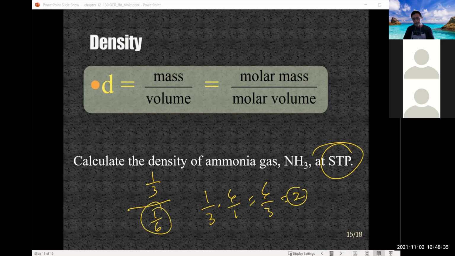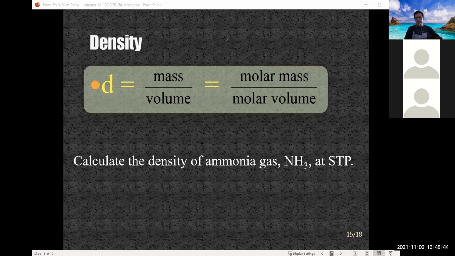I took the fraction in the denominator, inverted it, and then multiplied it through. We're essentially doing the same thing here with respect to the units. If we look at the molar mass, we have grams over mole. And we're dividing by the molar volume, which is 22.4 liters per mole.